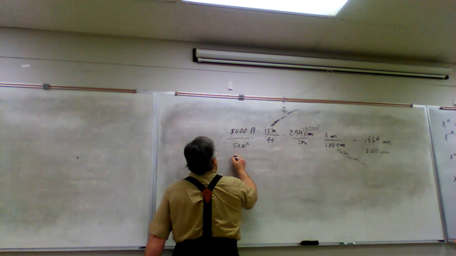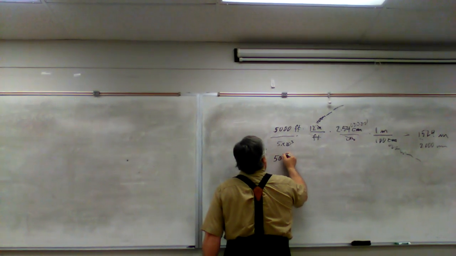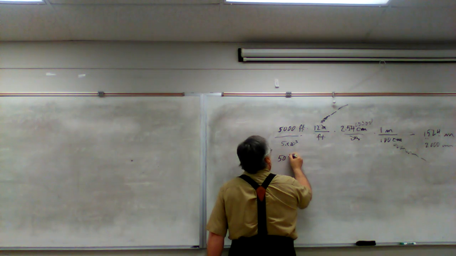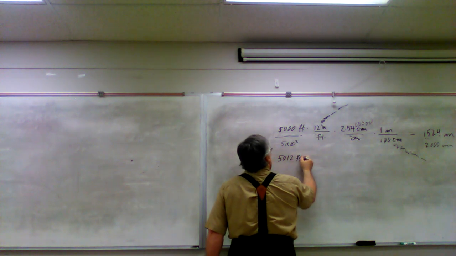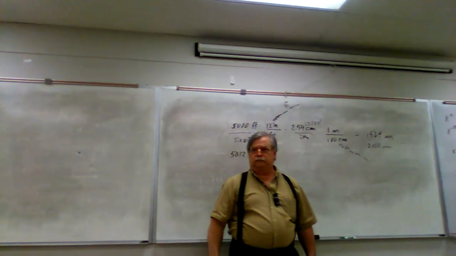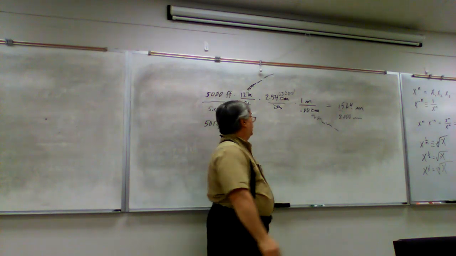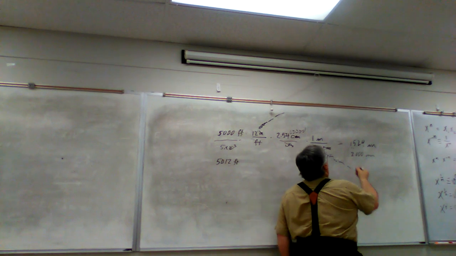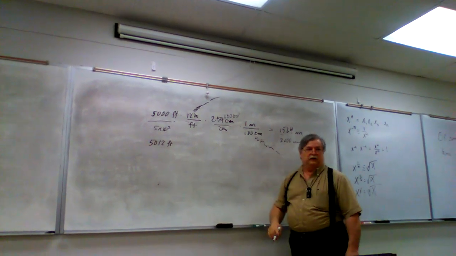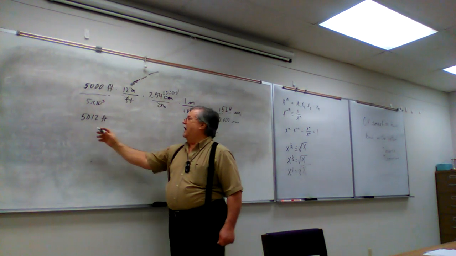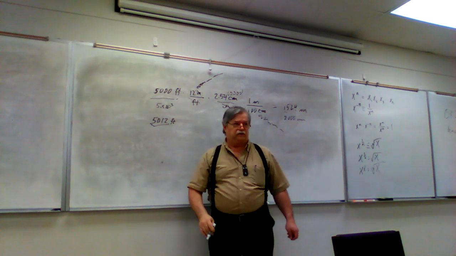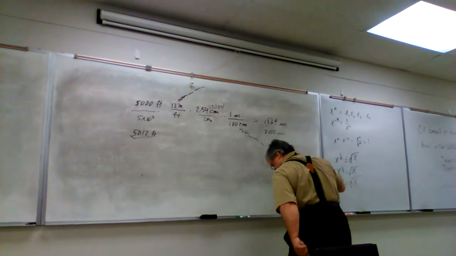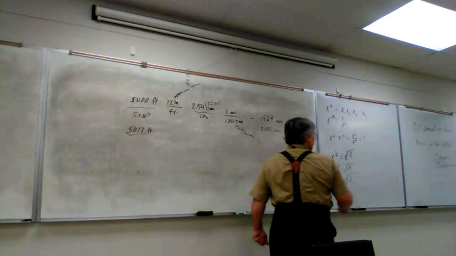What if it was measured at 5,012 feet? Well, again, do the multiplication and come up with a 4-digit number over here. But now we've got 4 significant digits. So we would have 4 significant digits in our result.